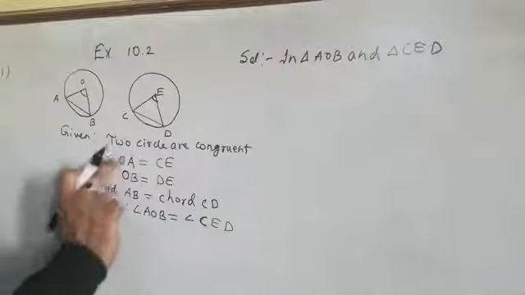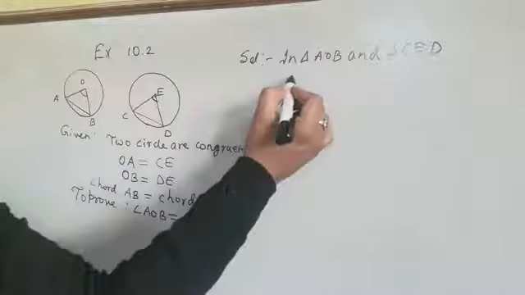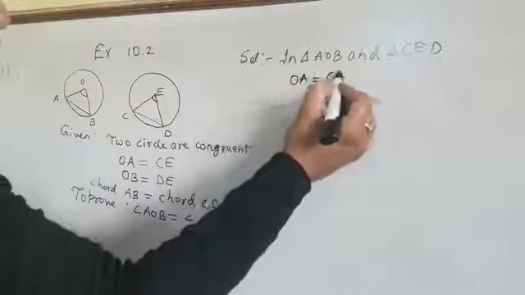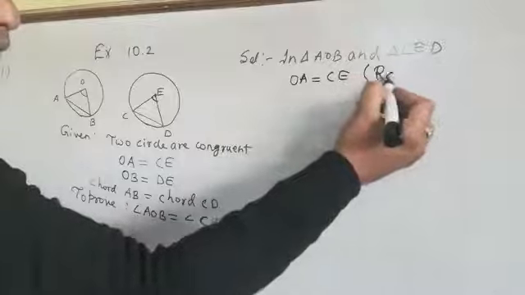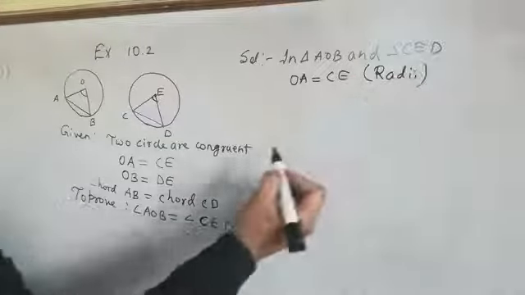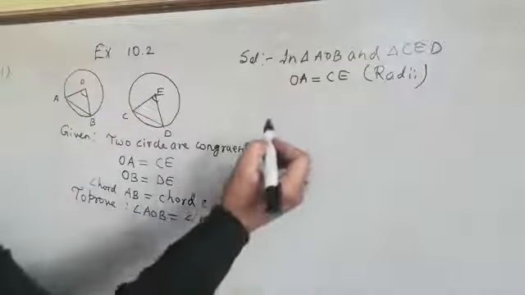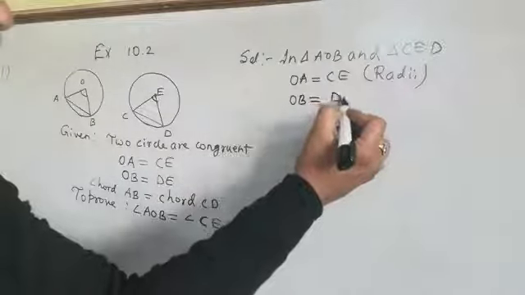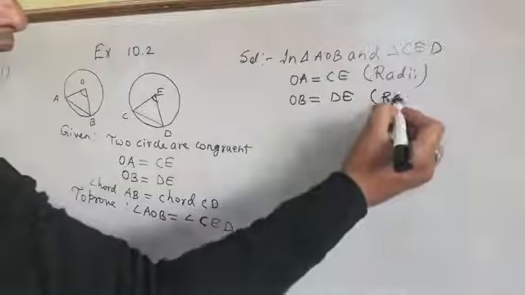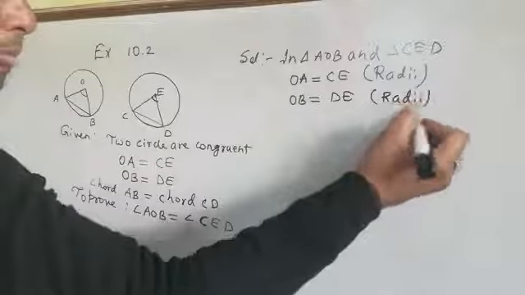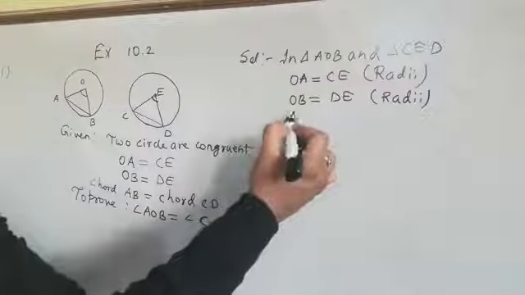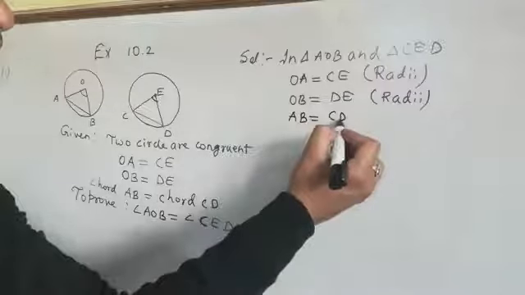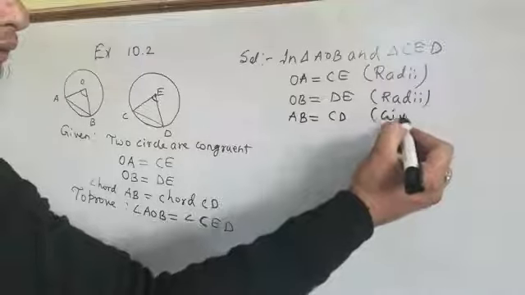It is given OA is equal to CE, radii of the circle. Then OB will be equal to DE, this is also radii of the circle. Then AB is equal to CD. It is given in the question.